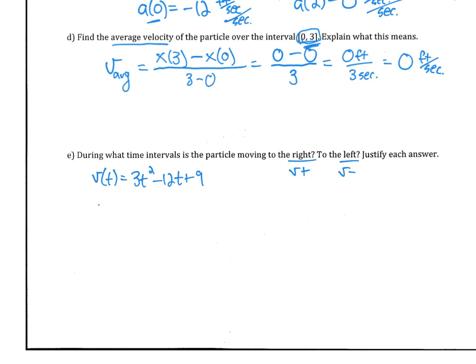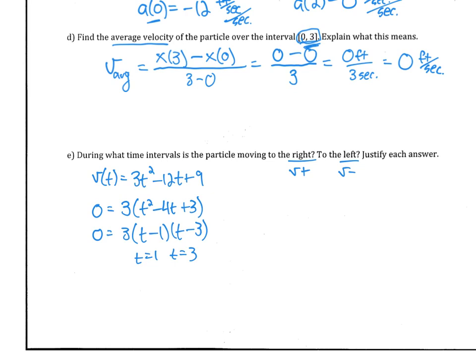So we will take our velocity, set it equal to 0, and just start factoring. So let's pull out a 3. We get t squared minus 4t plus 3, and we keep factoring. And this gives us two t values, t equals 1 and t equals 3.